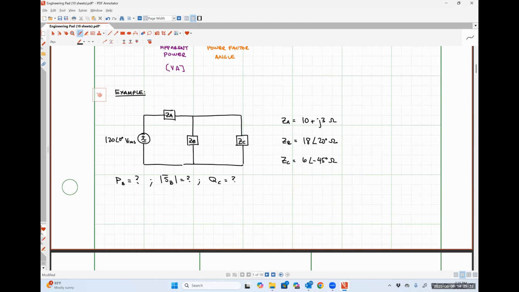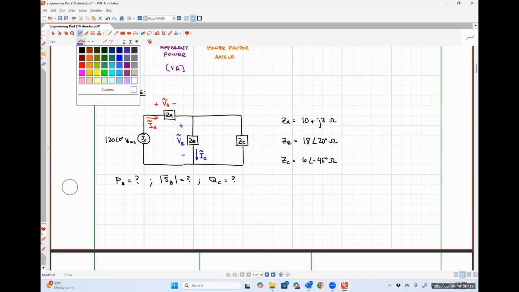For us to calculate the complex power absorbed by impedance ZA, we would need to know the RMS phasor voltage across ZA, as well as the RMS phasor current flowing through ZA. Similarly, for ZB, we would need the RMS phasor voltage across ZB and the RMS phasor current flowing through ZB.